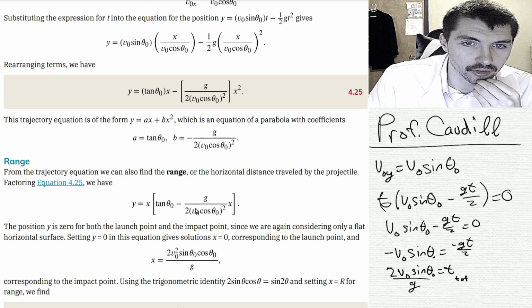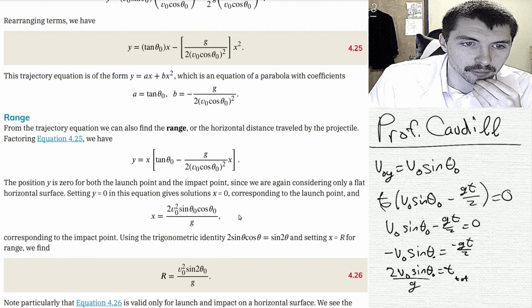Where did this come from? Factoring out the x here. Okay, so they're factoring out the x. And then, okay, positive y is 0.